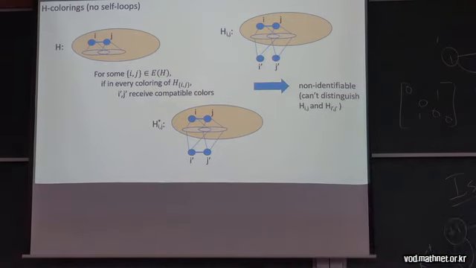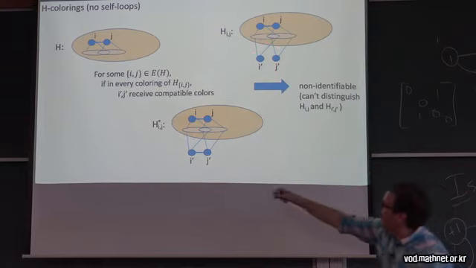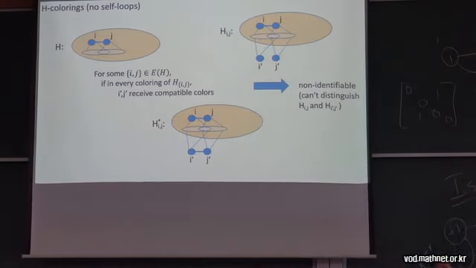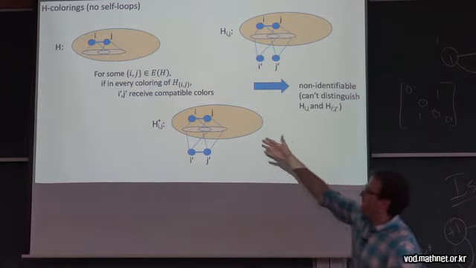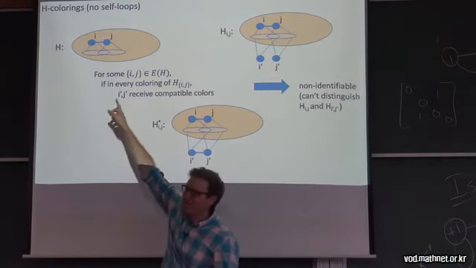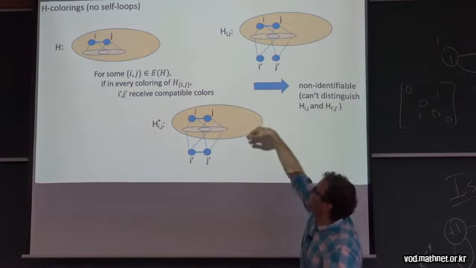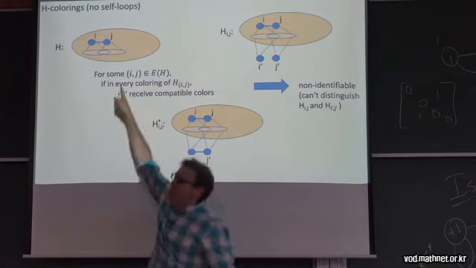Compare this graph to the one which is the same except I added that one edge. Do they have the same space of H colorings? So this is my graph G. H is still the same, but I just constructed a G and a G prime, and I want to know whether they have the same set of H colorings.